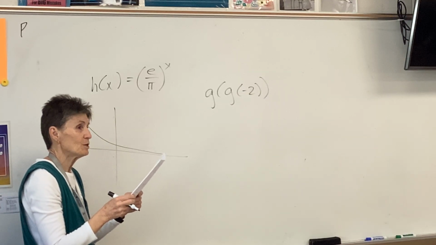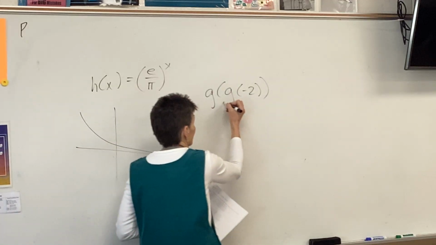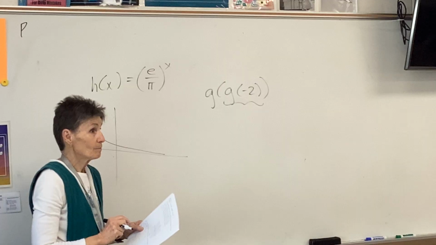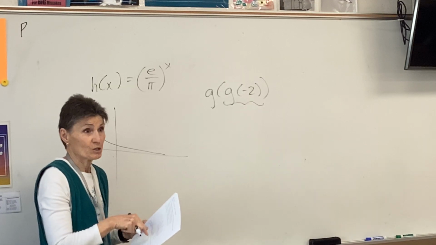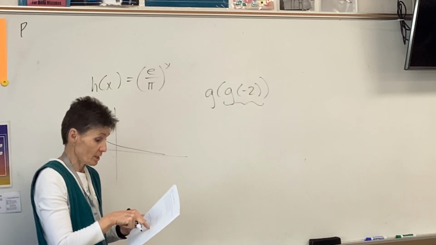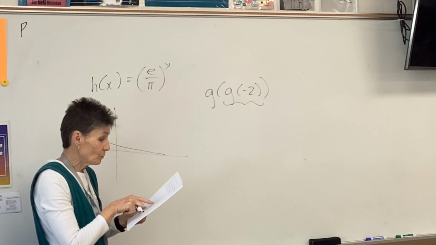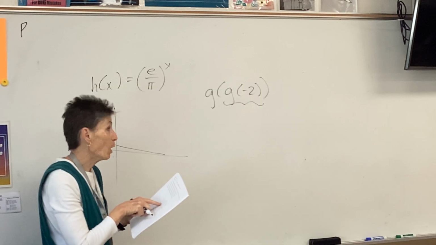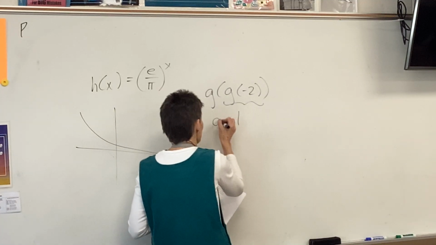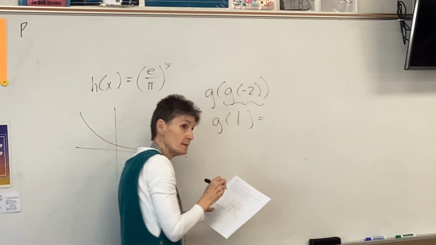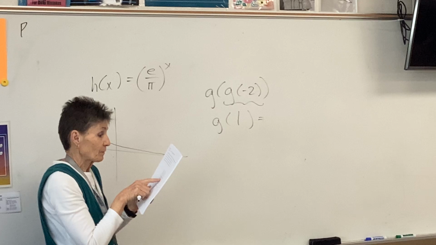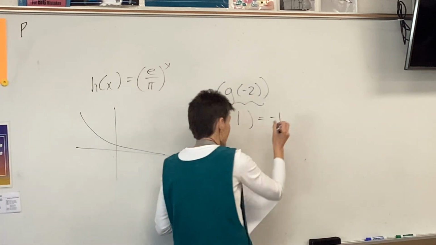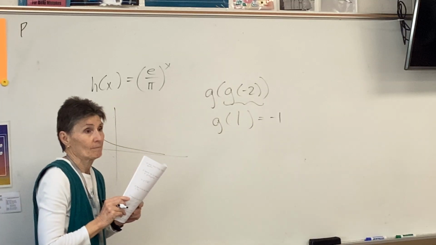Okay, so what do we do first? Find g of -2? Remember, the picture is g, so use the picture to do g. So g of -2 is 1. So now we're going to find g of 1. And g of 1 is -1. So the answer to that one is also C.